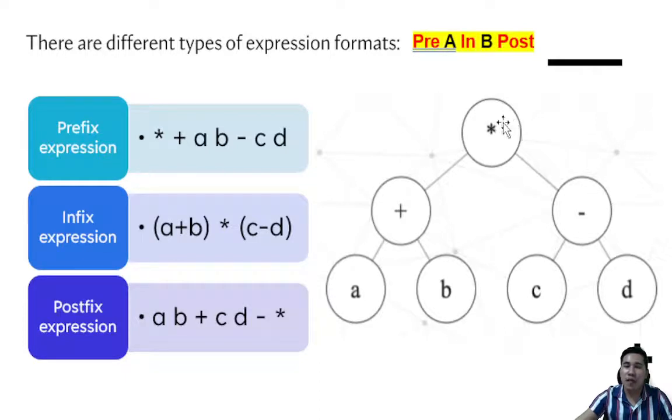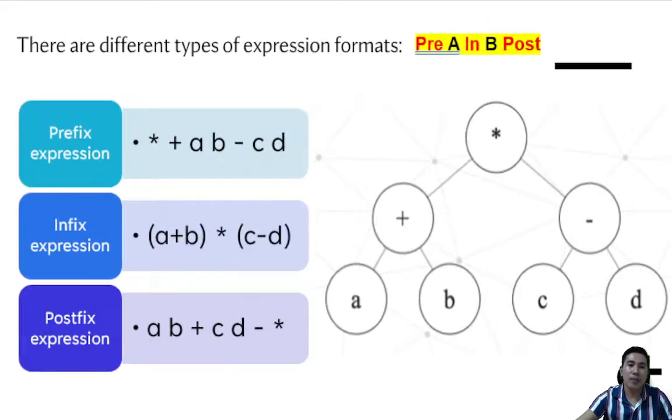If we are going to present it in a binary expression tree, you have here addition, subtraction, and then the leaves are the operands. I guess you already understood it because we already discussed reverse Polish notation.